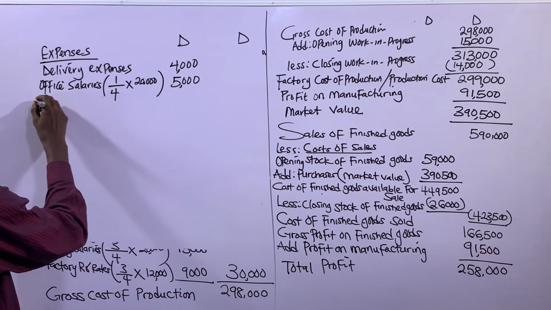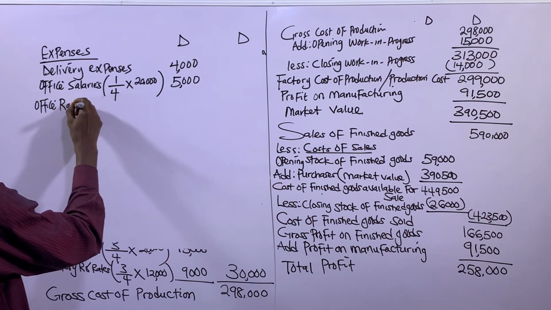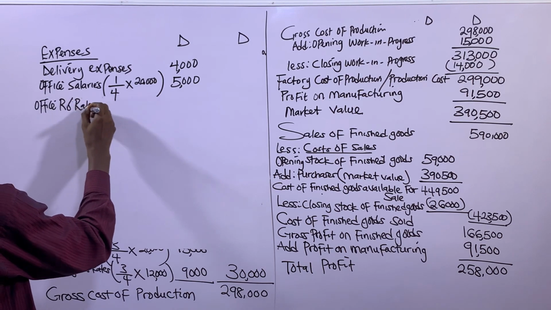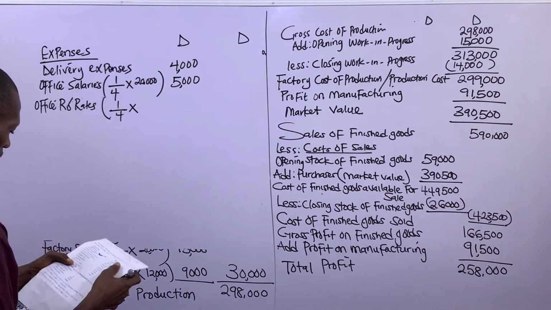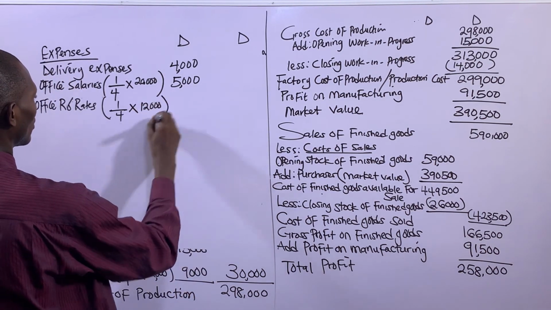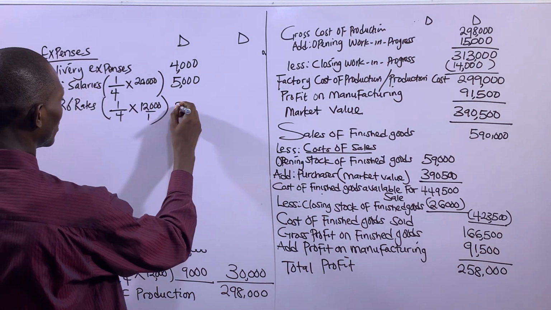Then office rent and rates. So it's also 1/4. The rent and rates given in the question is 12,000. So 12,000 divided by 4 gives us 3,000.